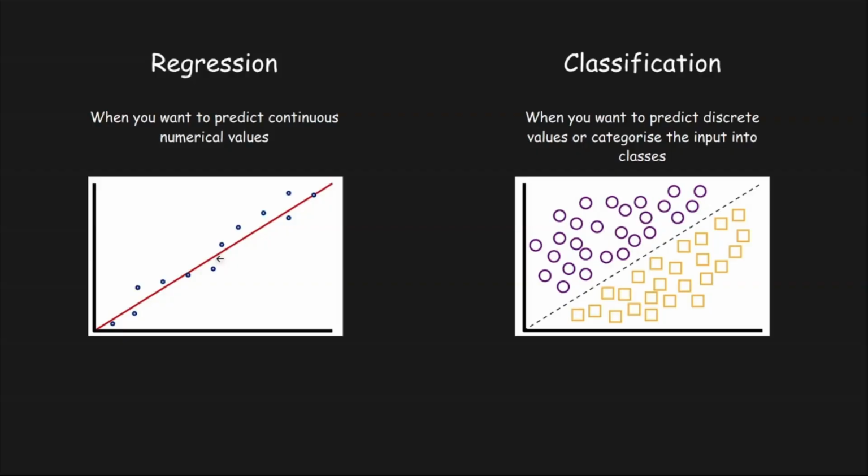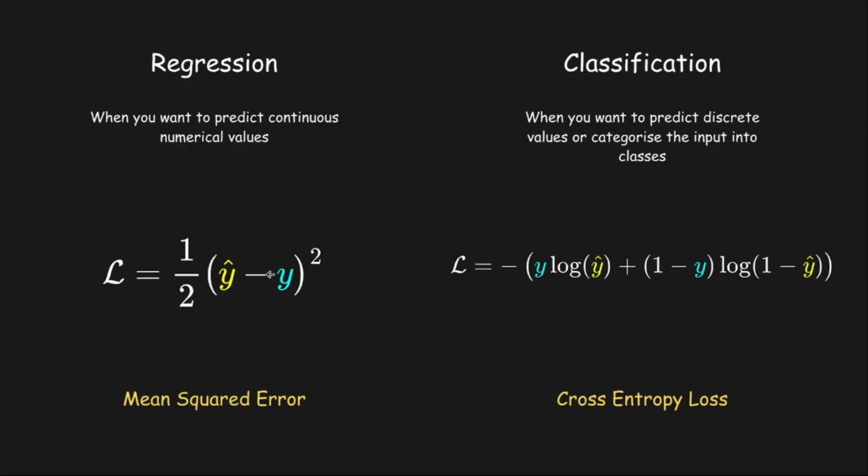But at the same time you see that this point here, the real point, is smaller than the predicted point. So what we try to do is we square the resultant value so that it is always positive and the penalty on error is high.